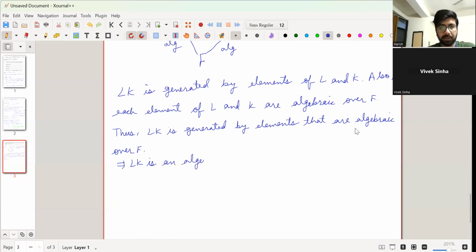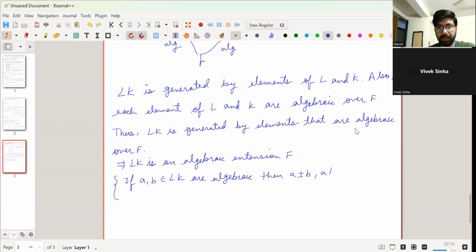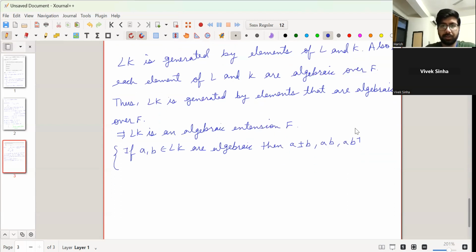I will tell you why. LK is an algebraic extension of F since if A and B belonging to LK are algebraic over F, then their sum, their difference, their product, and inverse product are all algebraic over F. Thus, if the generators are algebraic, then the field generated by those generators will also be algebraic, because how will you generate the field?